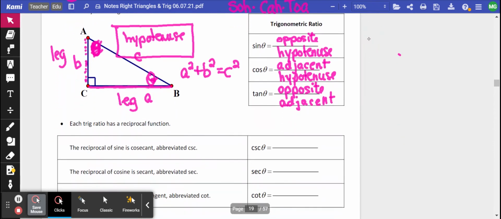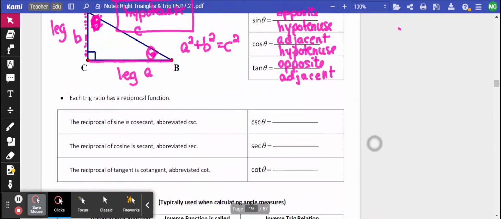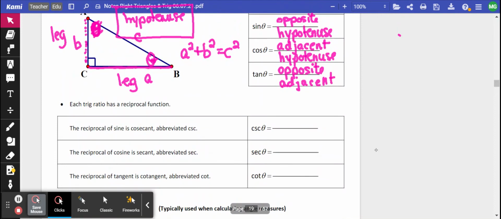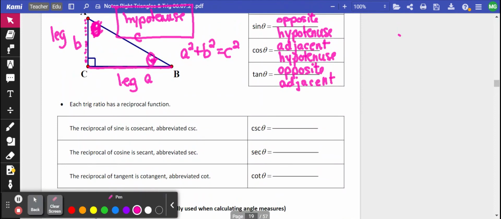Okay, so what else do we know? Let me keep these here so we can see them. What else we know is that we actually have other trig ratios that we're going to work with, and they are the reciprocals of the trig functions that we just used. Remember, reciprocal is when we take a fraction and we interchange the top and the bottom.